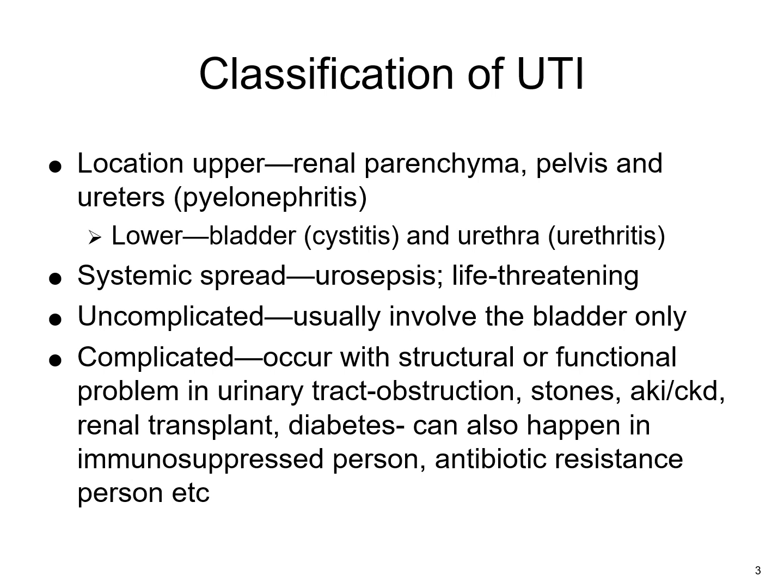Maybe the patient has stones, maybe they have AKI or CKD, they have renal transplants, they have diabetes, the patient is immunosuppressed, they have antibiotic resistance, and those are the main reasons why the patient now is having this UTI, and now we're designating it as being complicated. All right, so keep it very simple.